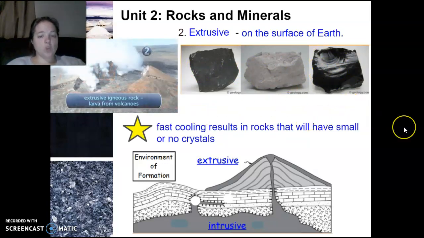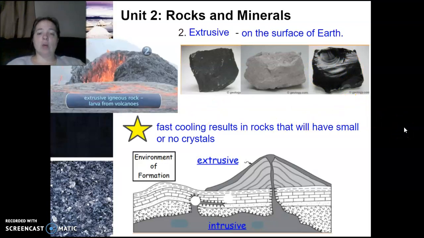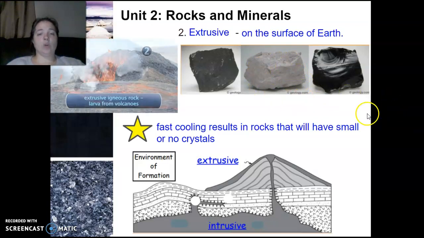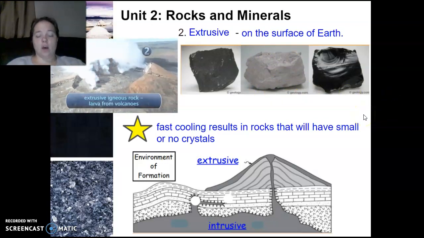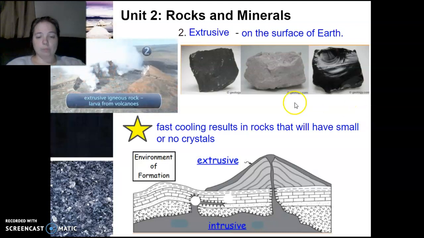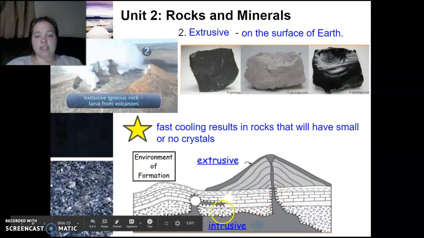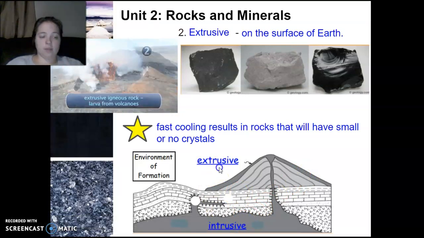Fast cooling results in rocks that will have small or no crystals. There are very little flakes you can see in here, and those are mainly biotite mica or amphibole. So just a reiteration: intrusive inside, extrusive outside.